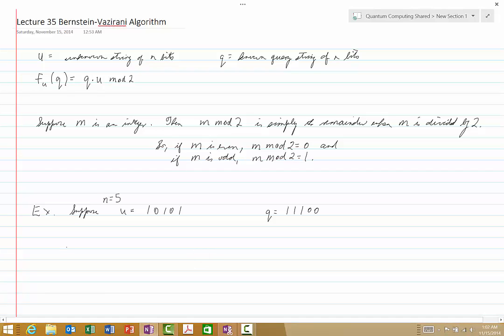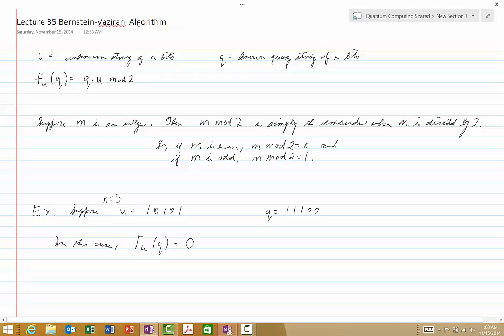And so let's say that they had the query string 11100. Then the value of f sub u of q in this case is equal to 0. Now let's make sure we understand this. If we compare u and q, the number of positions in which both of them have a 1 is 2.